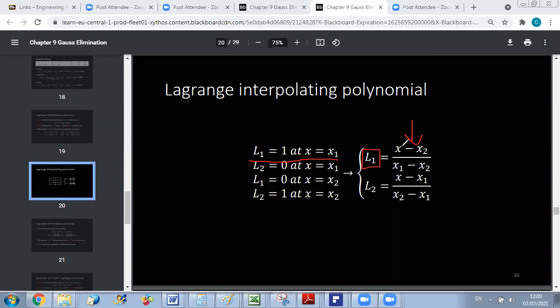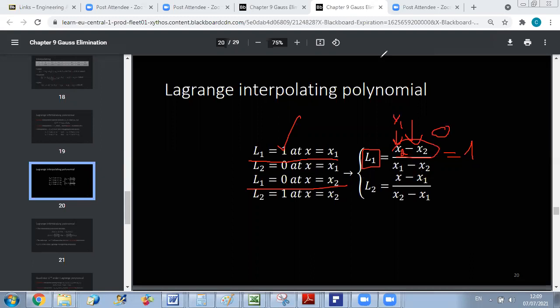This is verified because if you replace x by x1, you will have (x1 minus x2) over (x1 minus x2), which gives you 1. So the first condition is now verified. The second condition is that L1 should be 0 when x is equal to x2. When I replace x by x2, it's verified that x2 minus x2 gives me 0.